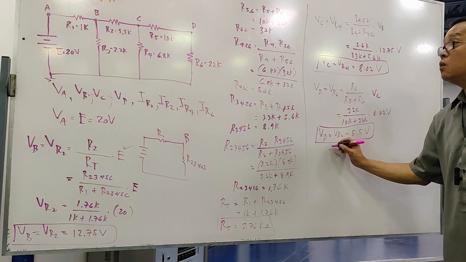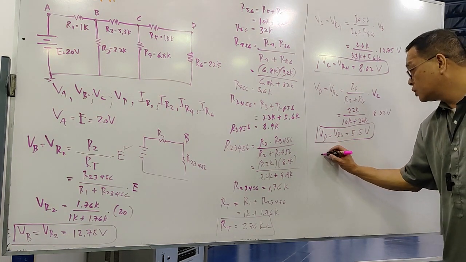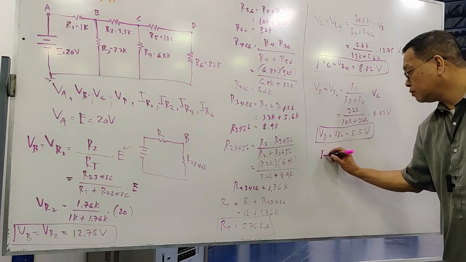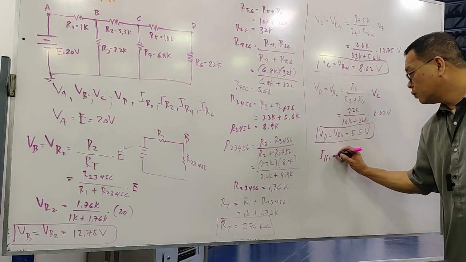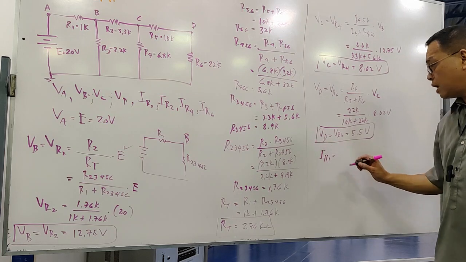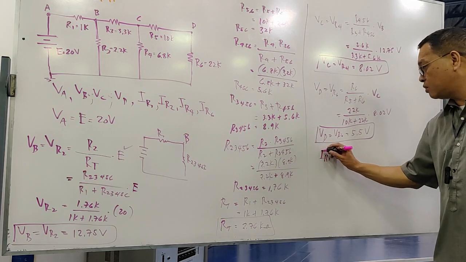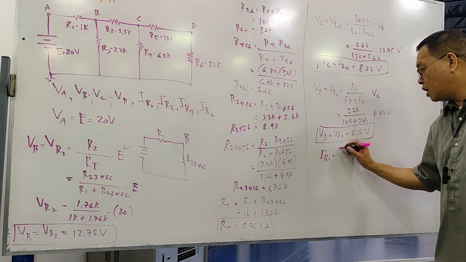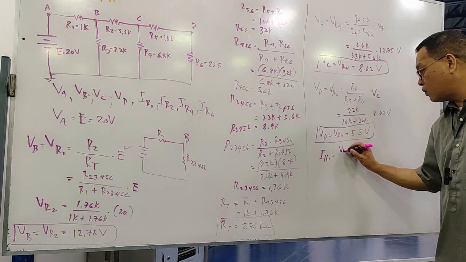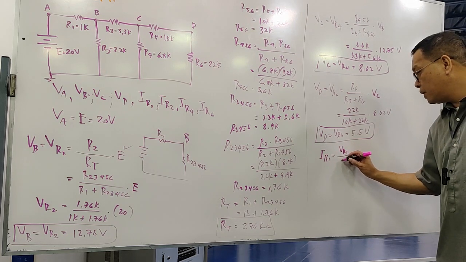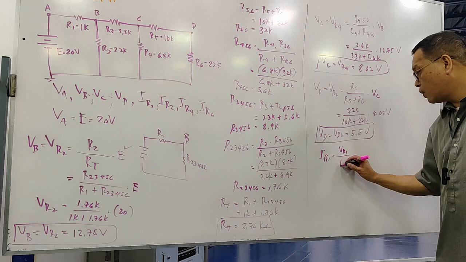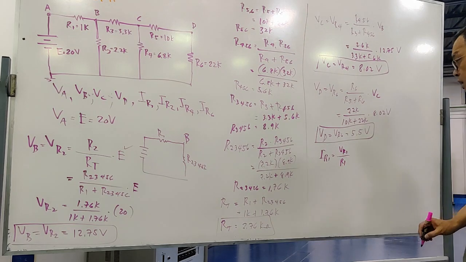So IR1. Let's try IR1. It will be equal to, applying Ohm's law, VR1 over R1. Is that correct?